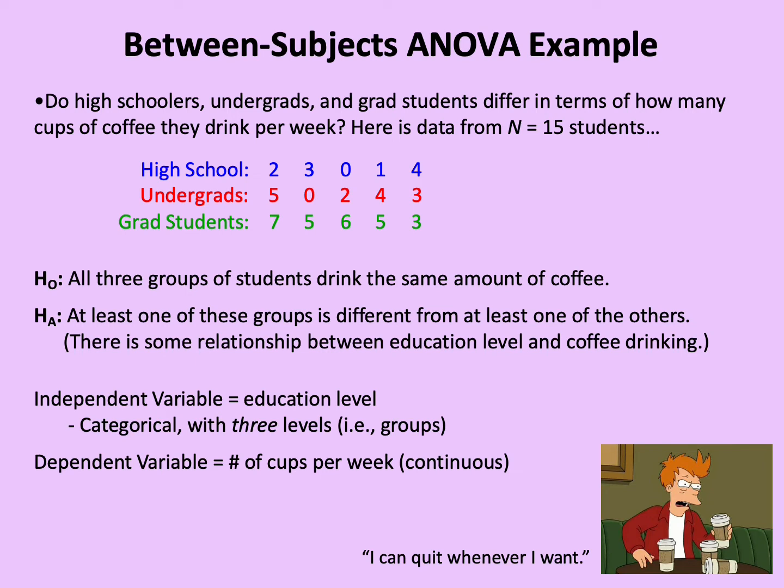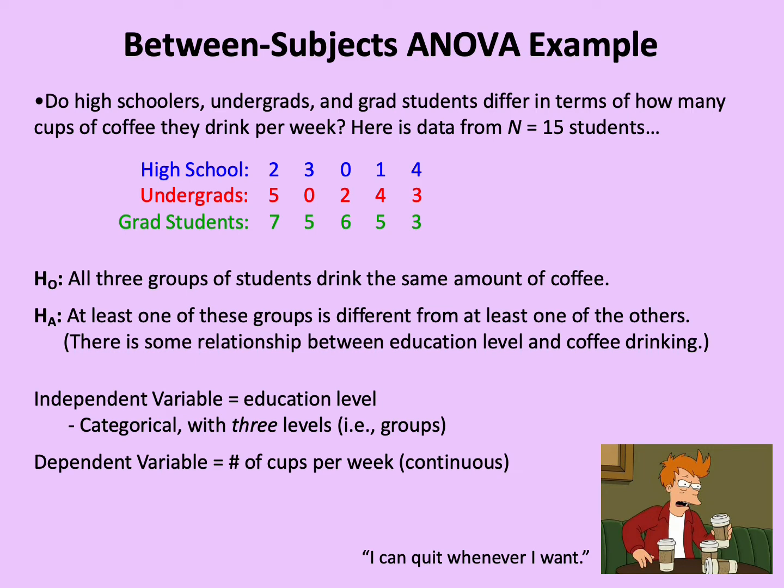Whereas the alternative hypothesis does hypothesize that there is a difference. Okay, so at least one of these groups is different from at least one of the others. Okay, or another way of saying that is that there is some relationship between education level and coffee drinking. Okay?